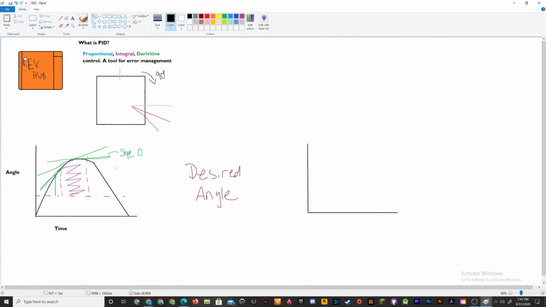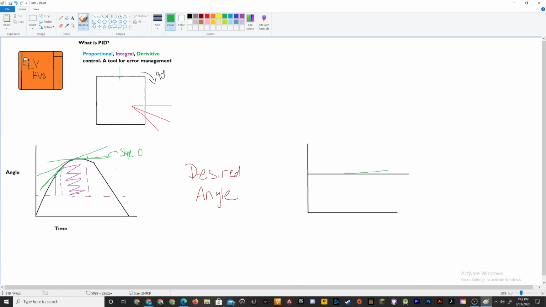If you have the same angle throughout the whole thing, then your derivative function is just 0, because it's the slope of the tangent line to a line that isn't changing. So derivative control is looking at how fast your angle is changing, and the combination of these three is what makes a PID loop.